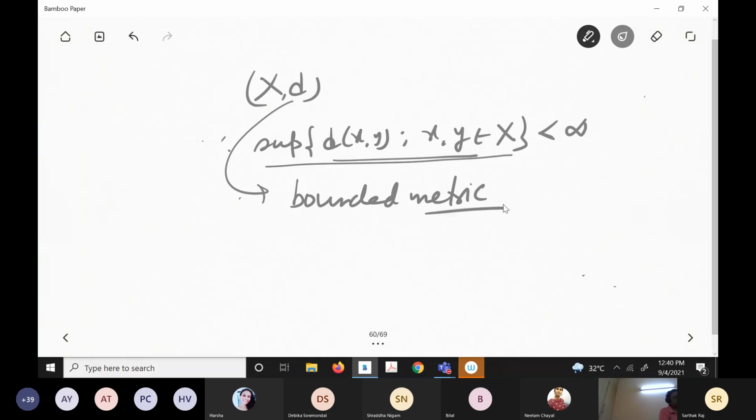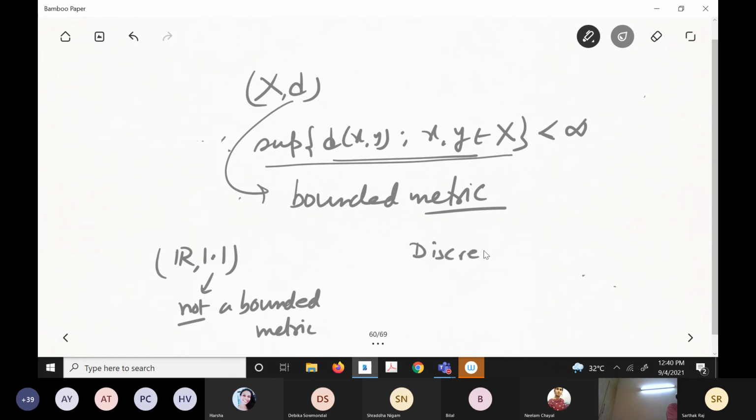So now look, this metric on R, what I already said, is not a bounded metric. But the discrete metric, whatever number you choose, 1 or another positive real number, is always bounded.